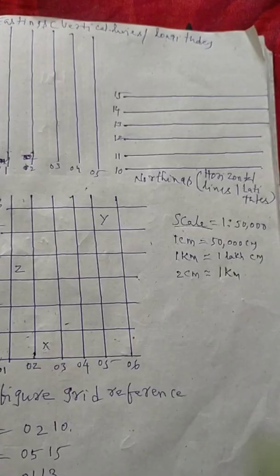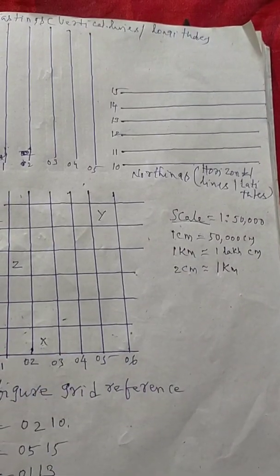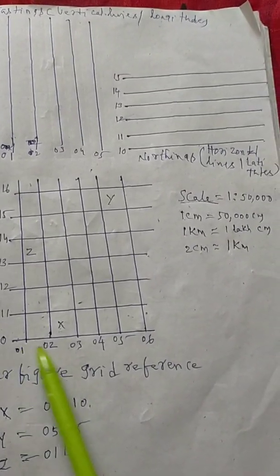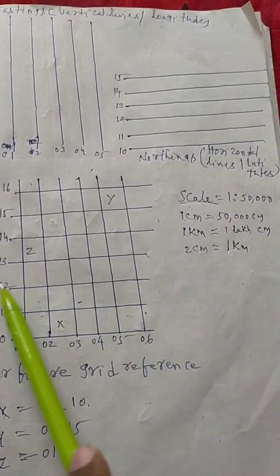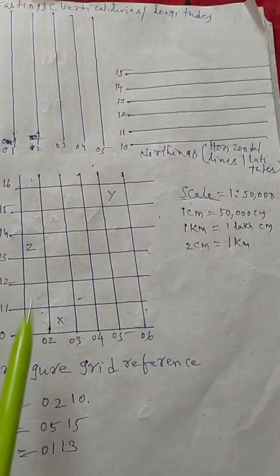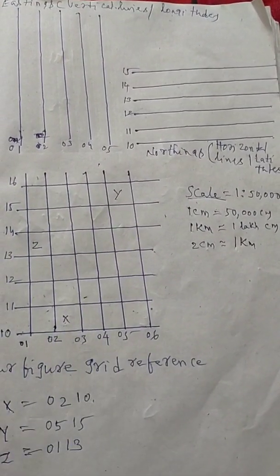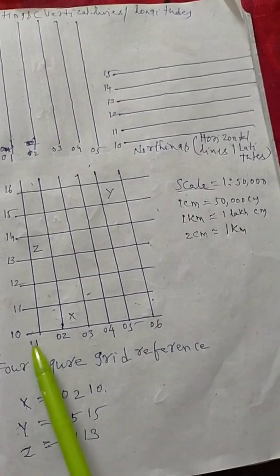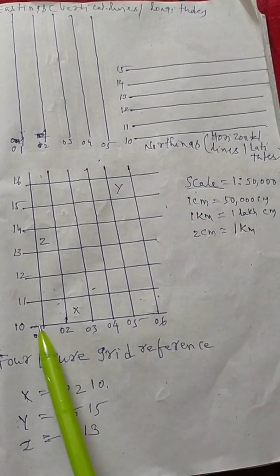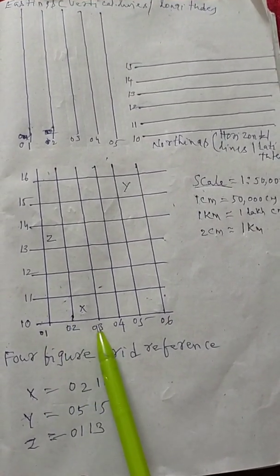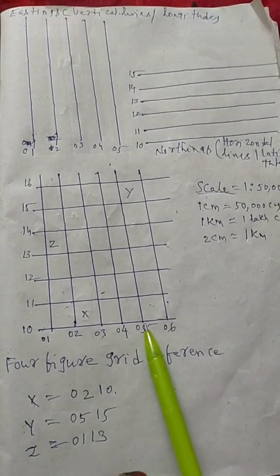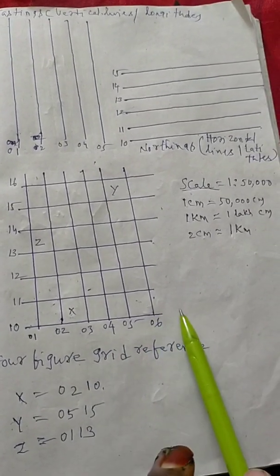Now, coming to the topo sheet, these are horizontal lines and these are vertical lines. See, vertical lines 01, 02, 03, 04, 05, 06 and goes on.